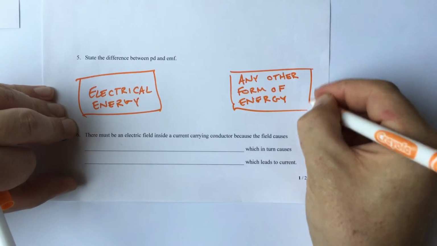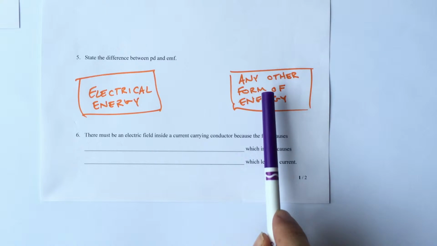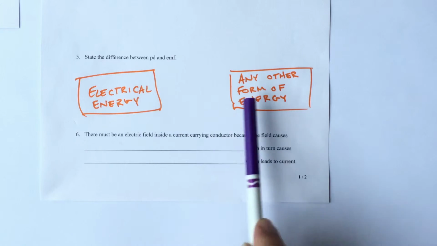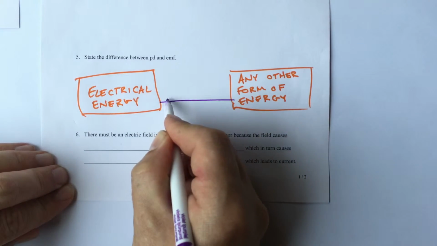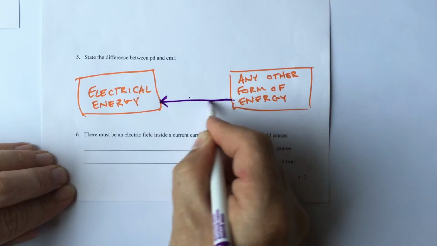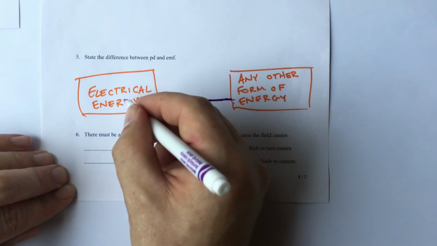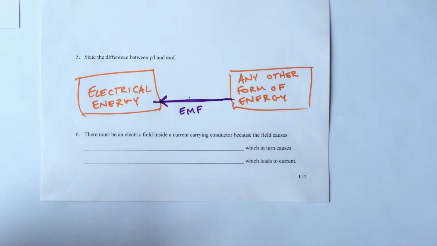All right. So in our problems, often we will have energy changing from some other kind of energy into electrical energy. And if we are going from some other form like chemical energy into electrical energy, we are talking about an EMF.